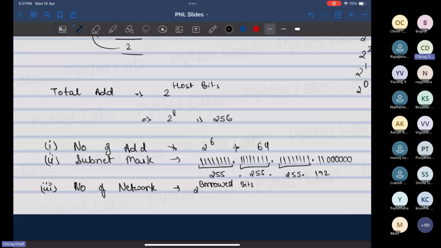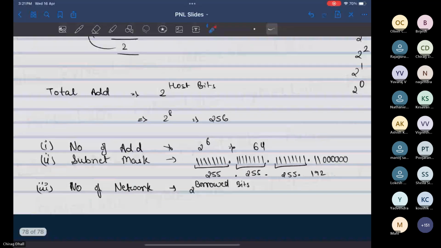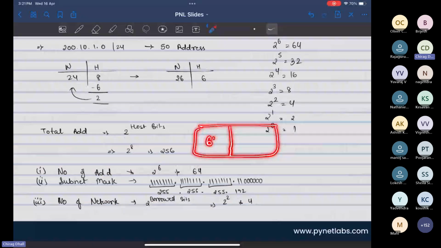How many bits are being borrowed here? 2, right? So 2 raised to the power 2 gives me 4. This means that if I break down a big network into parts of 64 addresses, then how many such parts will there be? 1, 2, 3, and 4. Okay, let's find out what the first part will be.